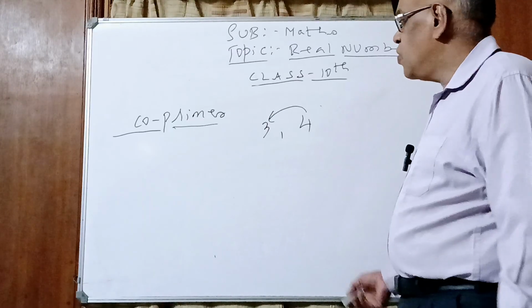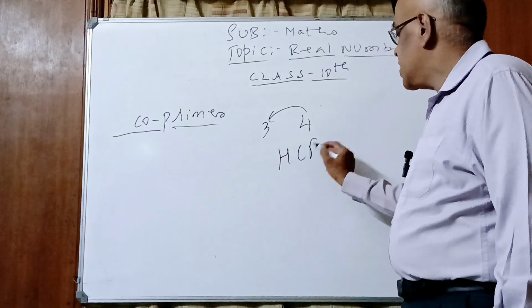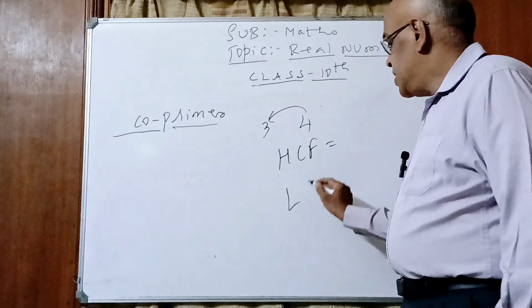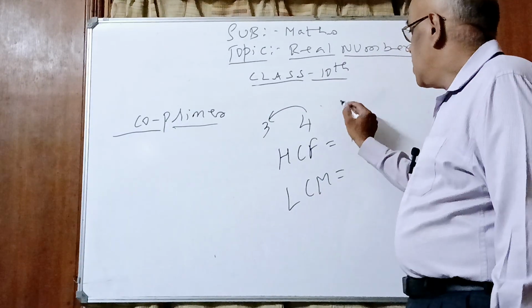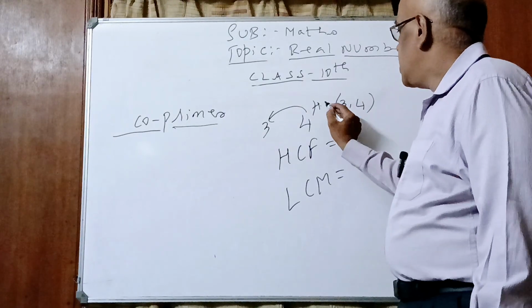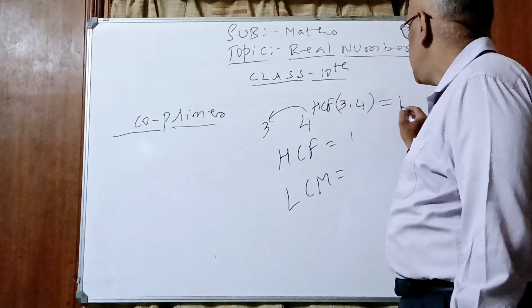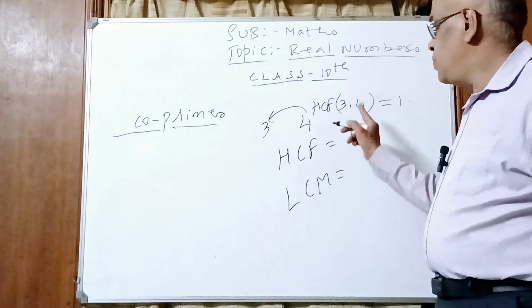Co-prime numbers. What are co-prime numbers? Numbers whose highest common factor, HCF, and LCM we studied in lower class. Yes or no, children? HCF is what? 3, 4. What is the HCF? Do they have any common factor? No. No means 1 is the common factor and the highest common factor should be 1.